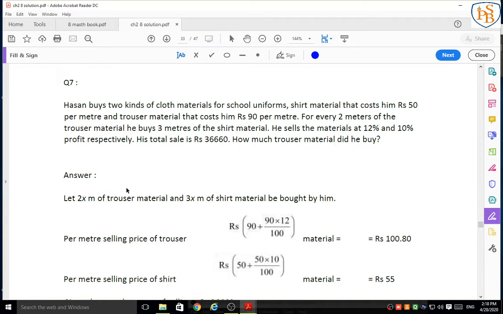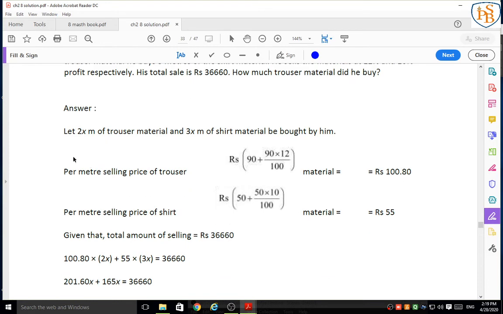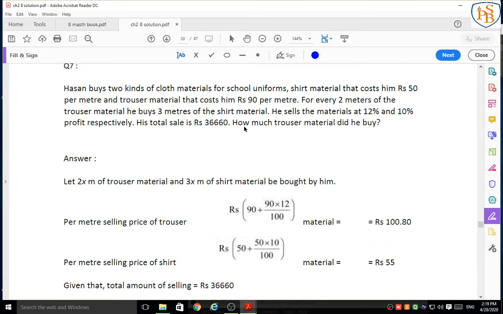This question is very important from the point of view of our exam, and it is asked for 4 marks. So answer: let 2x meter of trouser material and 3x meter of shirt material be bought by him. So the per meter selling price of trouser is, look at here, it costs him rupees 90 per meter for trouser and 50 rupees per meter for shirt.